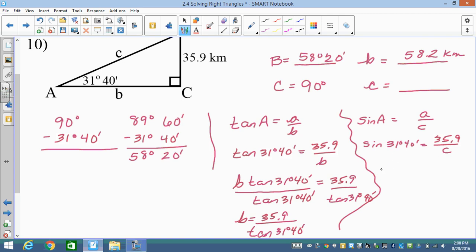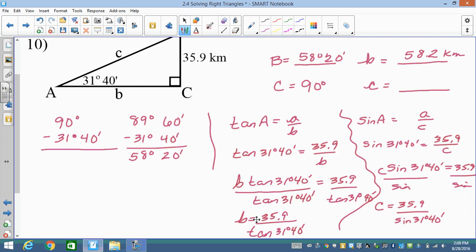Cross multiply, we get c sine of 31 degrees 40 minutes equals 35.9, and divide by sine. I'm being lazy now. C equals 35.9 divided by sine of 31 degrees 40 minutes.